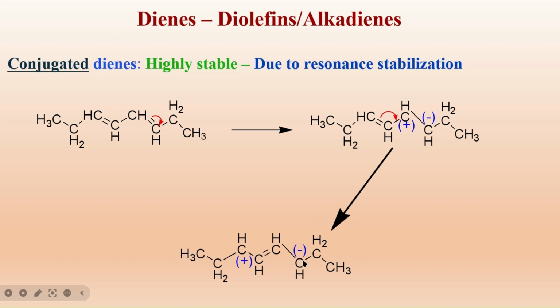Again, from the electron rich carbon, the pi electrons move towards this positive center. Once this moves, what happens to this carbon? It becomes positive, and to satisfy the electron deficiency of this carbon, the electron rich carbon gives its electrons back to this carbon.